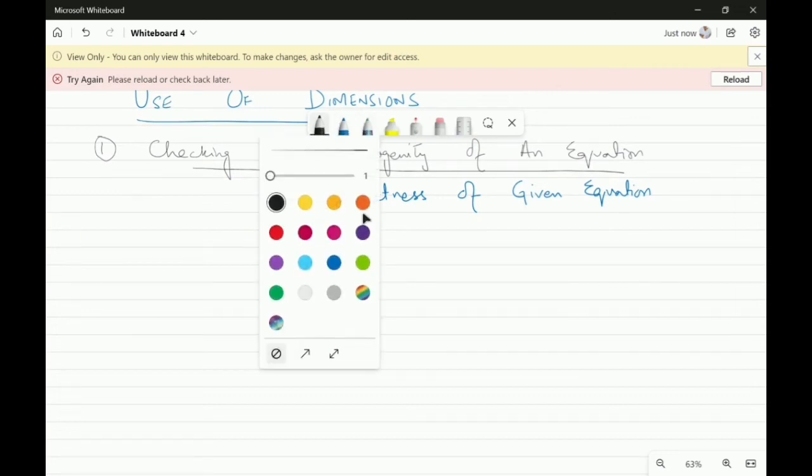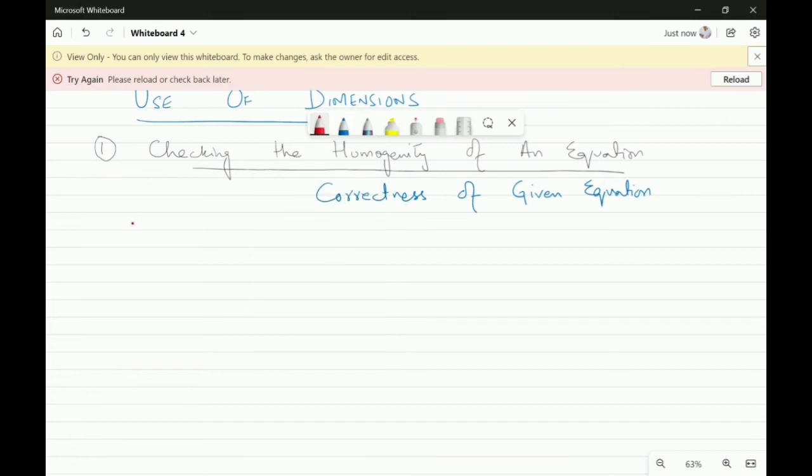For example, prove that the given equation Vf is equals to Vi plus At is dimensionally correct.